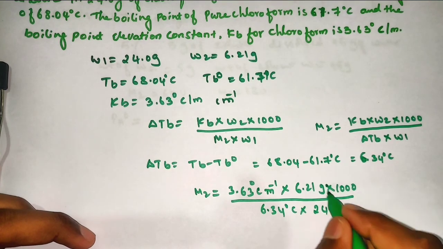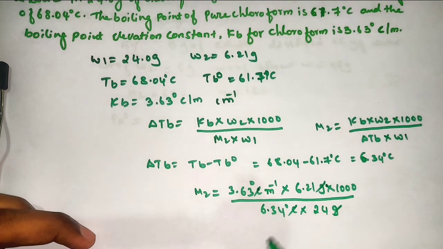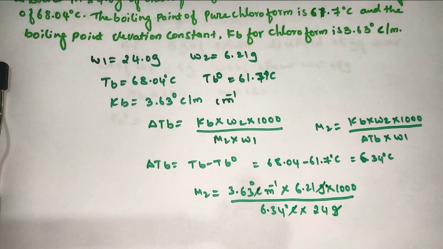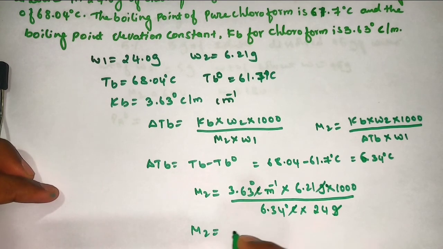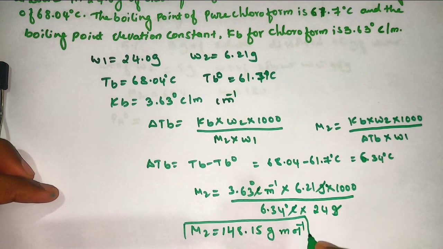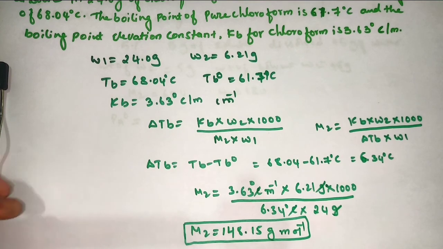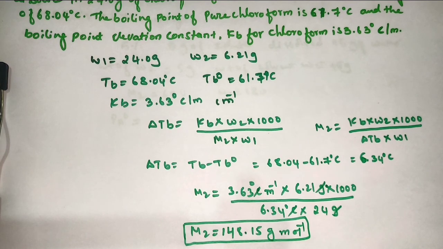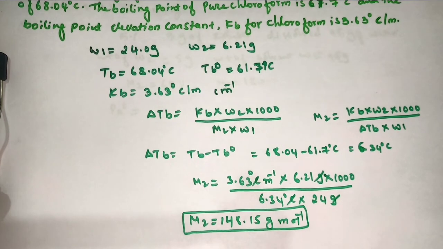Then if you divide and multiply this, we are going to get M2 is equal to 148.15 gram per mole. Whatever answer I am writing, I have calculated it. So you just check with your answer and compare with my answer also.